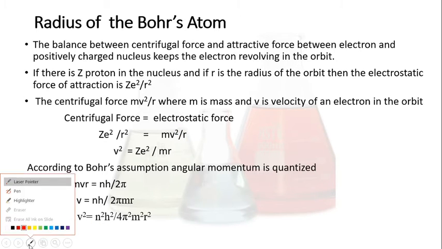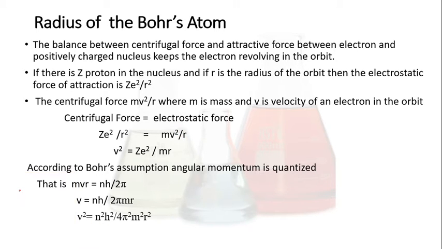So here what will happen? One r gets cancelled with the other r. Therefore we keep v² here, transferring m to that side. What remains is v² = Ze²/(mr). According to Bohr's assumption, angular momentum is quantized, that means mvr = nh/2π.